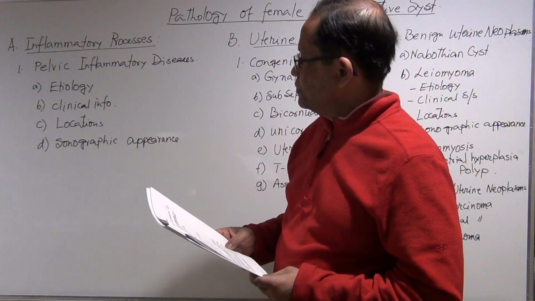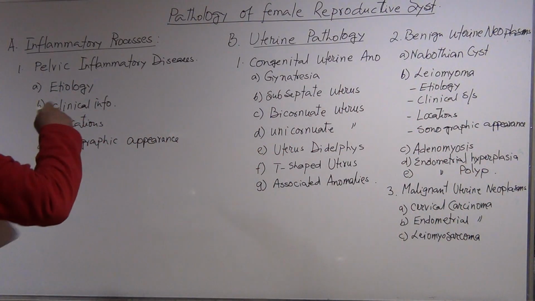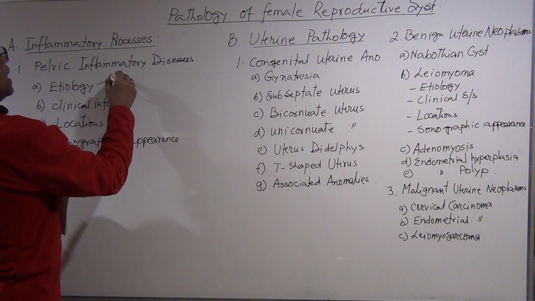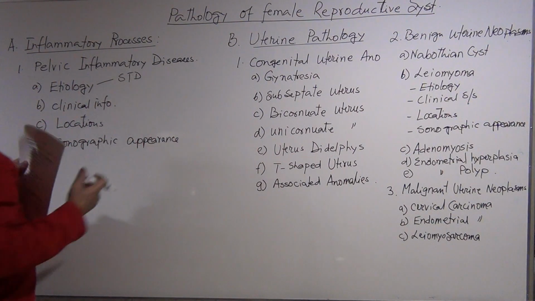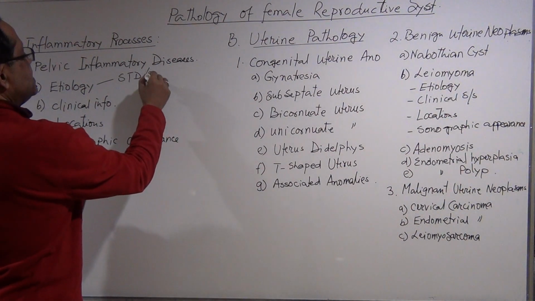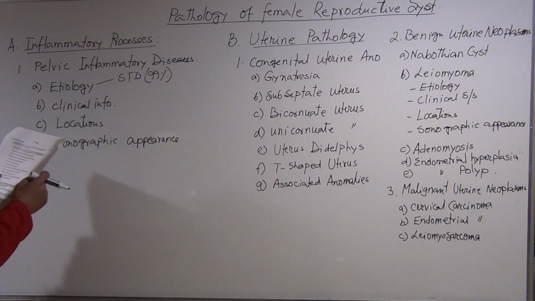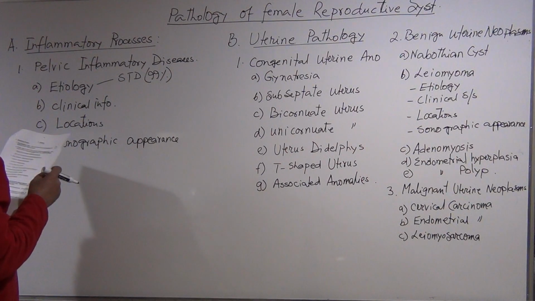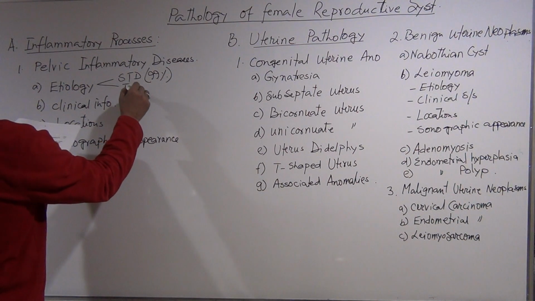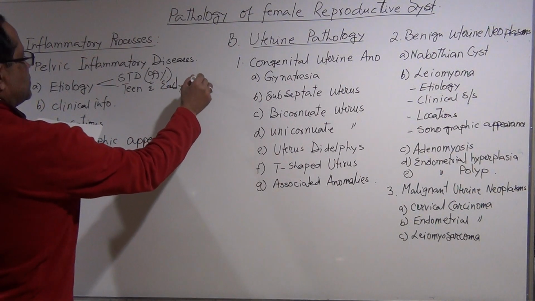So now, if I go into a little more detail here, the etiology most common is STD, and it is 99%, from multiple bacteria, and the peak incidence is teens and early 20s.